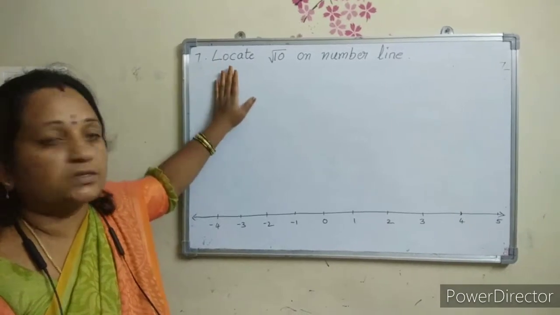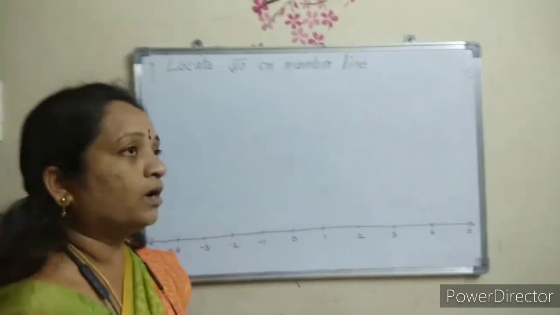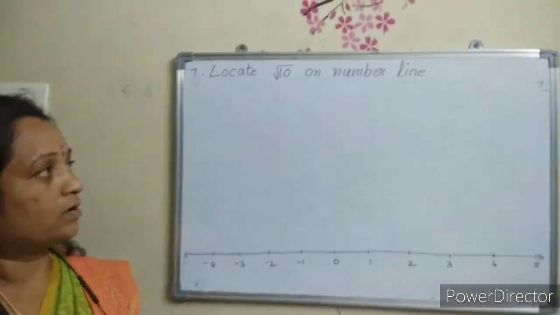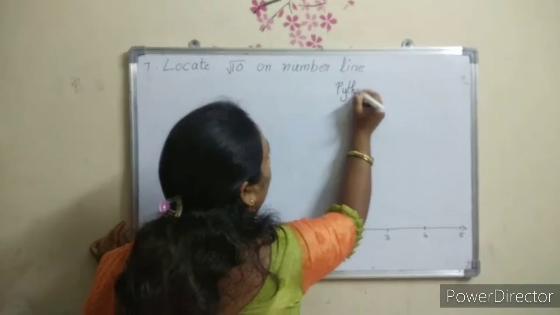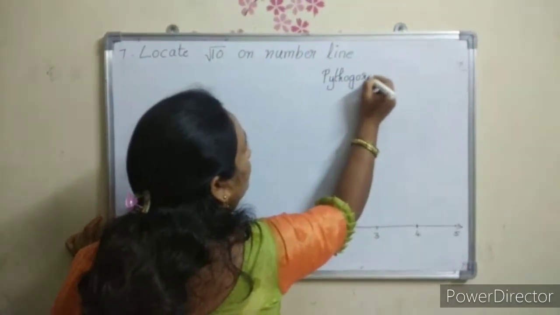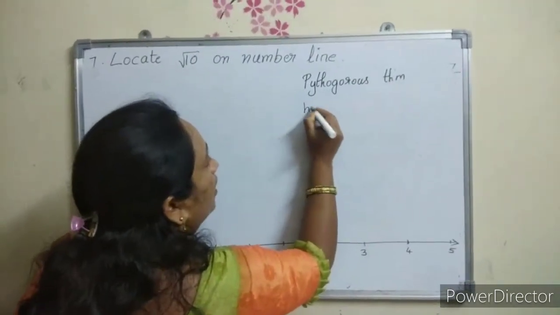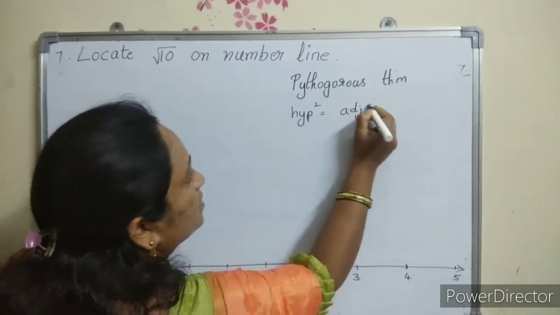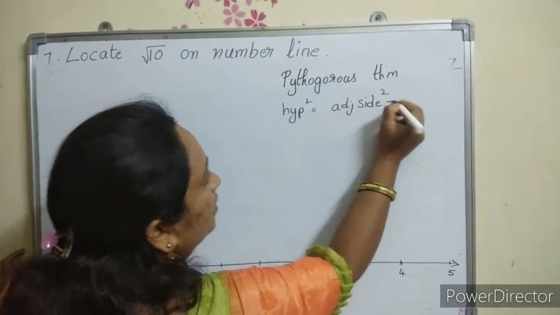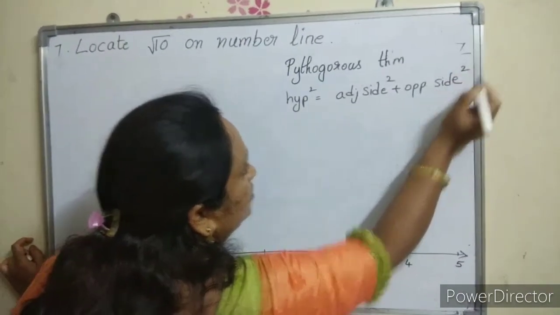Now, let us locate root 10 on the number line. In the previous video, we have learned about the Pythagoras theorem also. Now, what is the Pythagoras theorem? According to the Pythagoras theorem, hypotenuse square is equal to adjacent side square plus opposite side square.